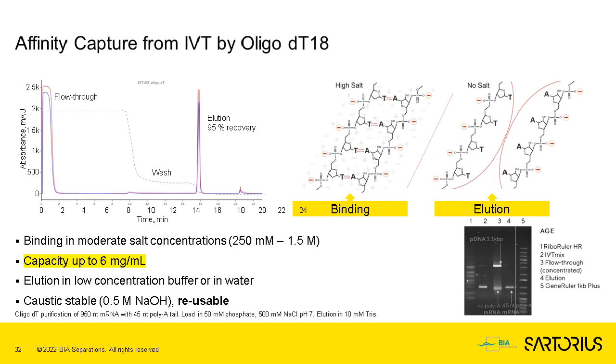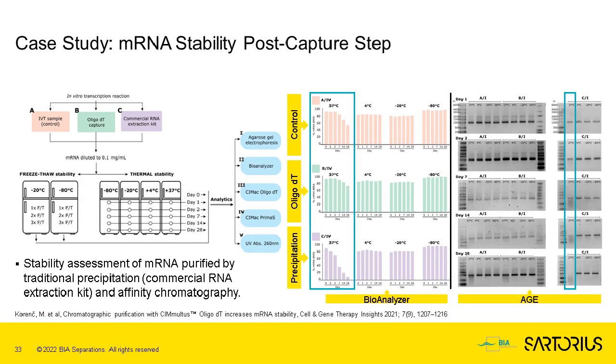Just this week, an application note has gone out that shows how to achieve capacity of 6 milligrams per milliliter using particular binding conditions. And this is not only a nicely scalable approach, it's also one of the few approaches that leads to a long-term stable mRNA drug substance.